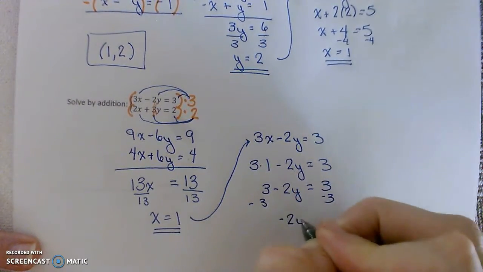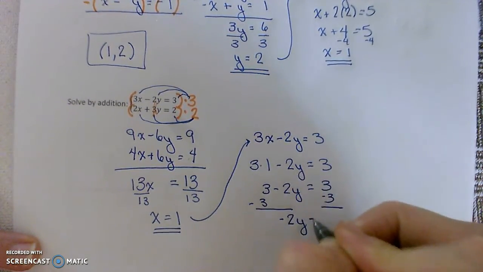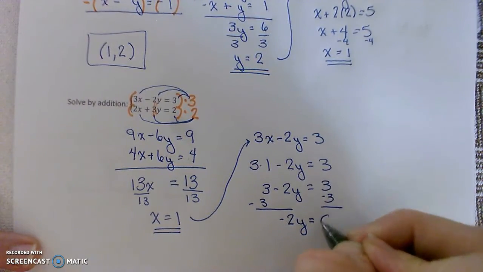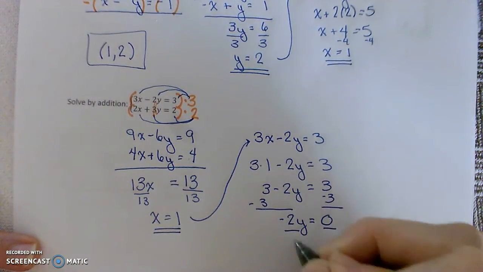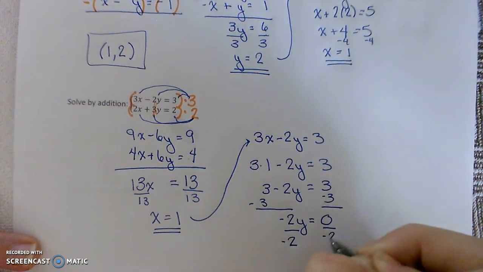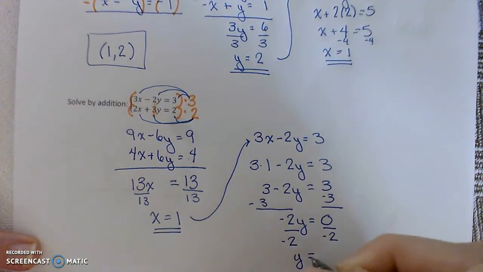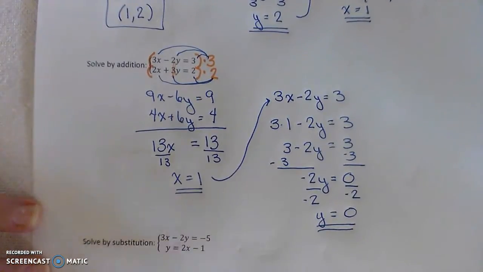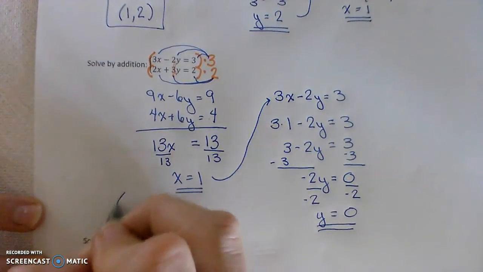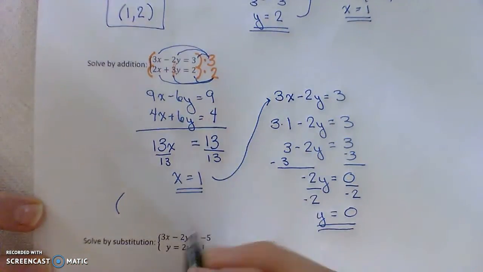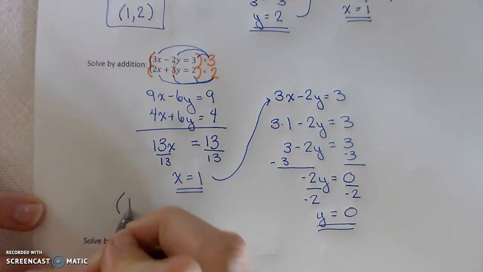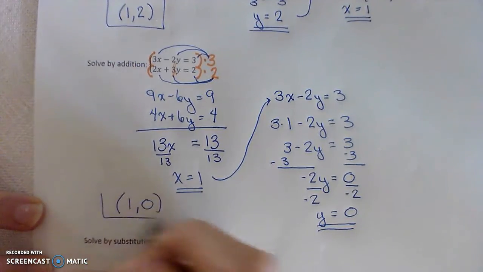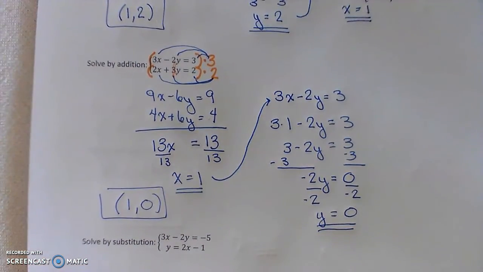Ooh, I get negative 2y equals 3 minus 3 is 0. And now let's divide both sides by negative 2. y equals 0. So now I have my solution. Some people freak out just because there's a 0, but it's okay, it's a number. x is 1, y is 0, and there's the solution to the system.